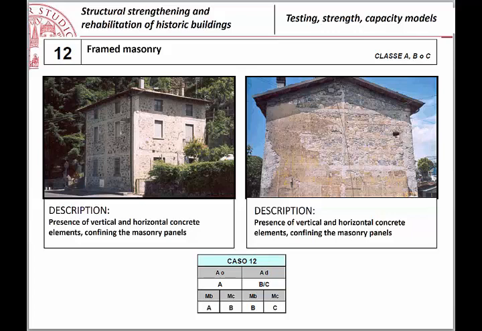There was the idea of realizing, as you see in this picture, some framed-like masonry where you have these horizontal layers which are at the level of the slabs, and some vertical layers which can be, for example, where there is a transverse masonry wall.